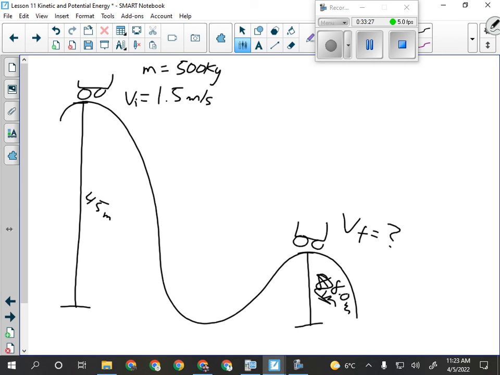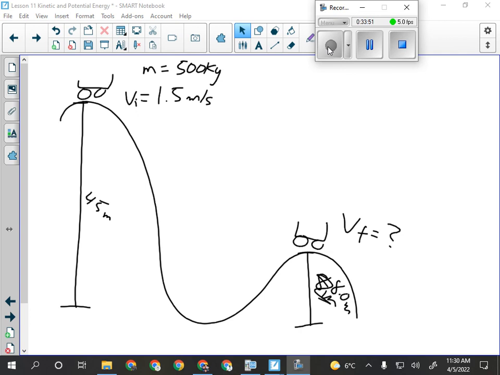This is a frictionless roller coaster. It's going to be really fast. You wouldn't believe how much friction there is in a real roller coaster. This roller coaster would be crazy scary. All right, give me a few minutes, see if you can figure out vf. There's no friction. I'll also tell you, no work is being done.